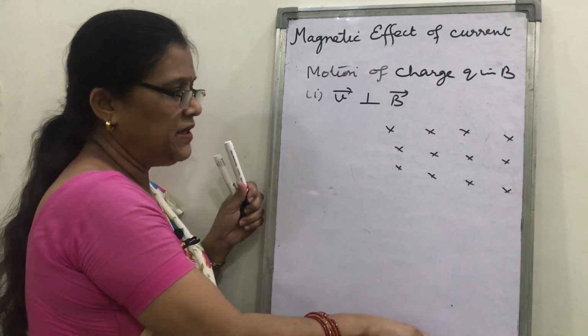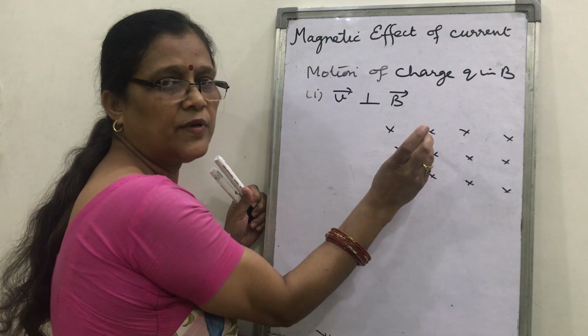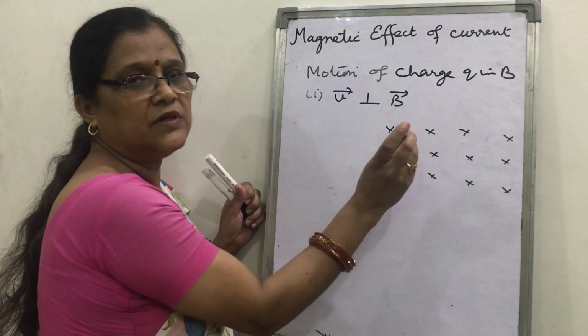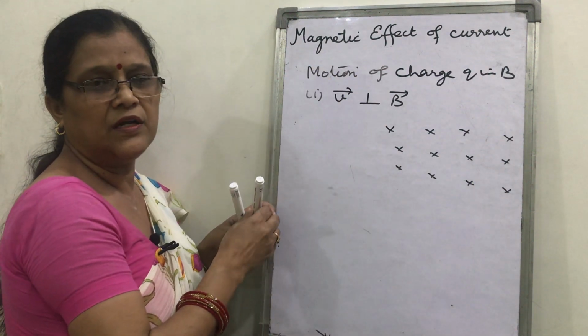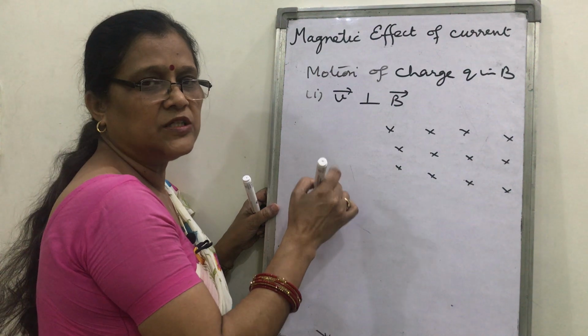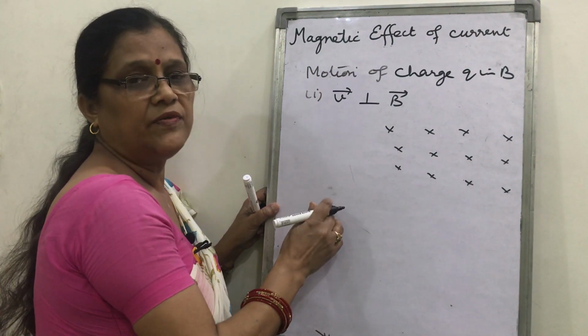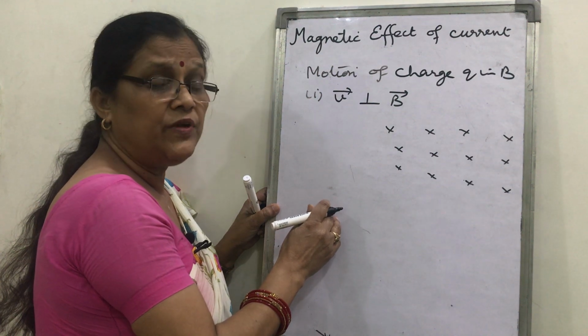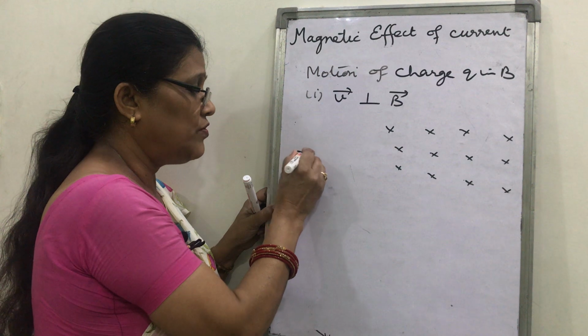This cross means that the magnetic field is perpendicular to the plane, inwards. And in this uniform magnetic field, a charged particle has its velocity perpendicular to the magnetic field direction. When V and B are perpendicular, what is the formula of force?